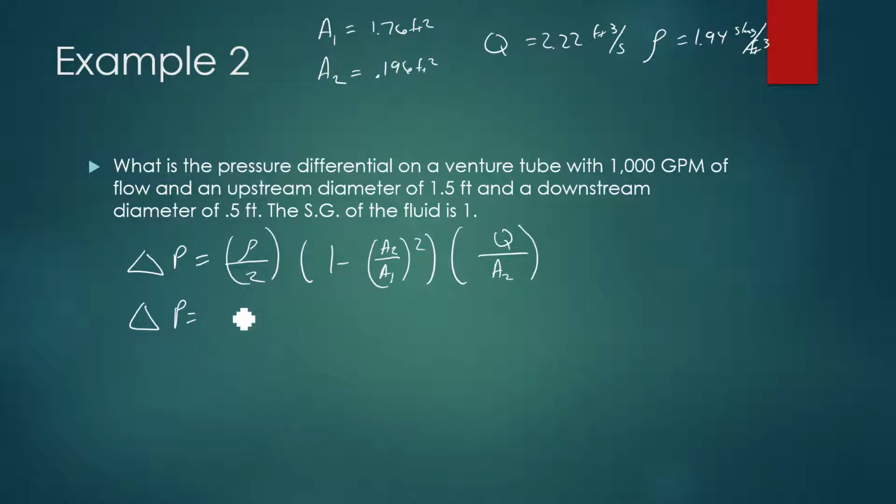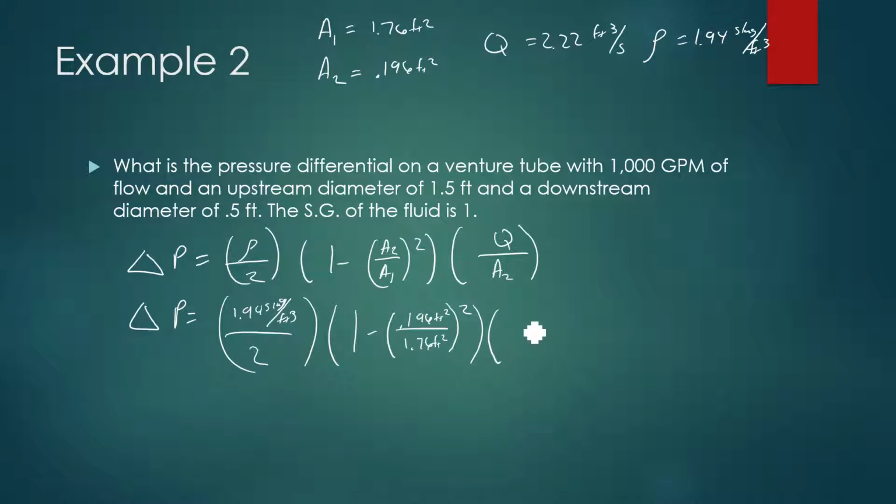So our density is 1.94 slug per foot cubed divided by 2, times 1 minus area 2, which is 0.196 feet squared, divided by 1.76 feet squared, times 2.22 feet cubed per second, divided by our area 2, which is 0.196 feet squared.